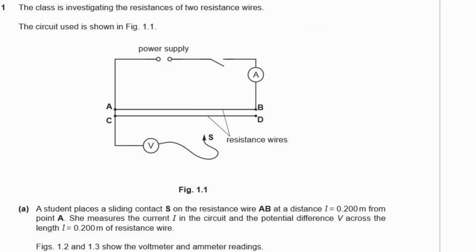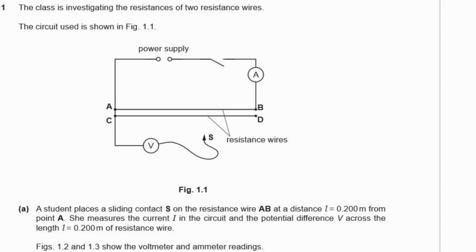Question 1. The class is investigating the resistances of two resistance wires. The circuit used is shown in figure 1.1. A. A student places a sliding contact S on the resistance wire AB at a distance L equals 0.2 meters from point A. She measures the current I in the circuit and a potential difference V across the length L equals 0.2 meters of resistance wire.